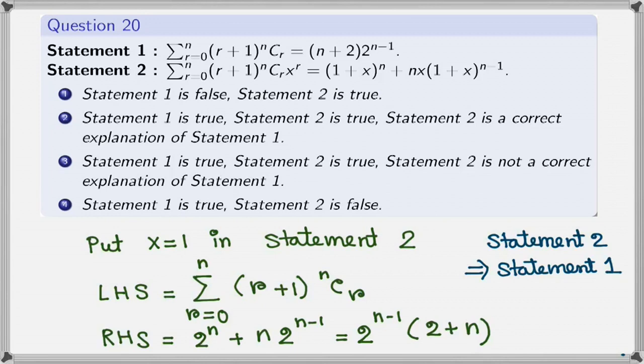So, we will start verifying whether statement 2 is correct or not. Let us begin with the binomial expansion of (1 plus x) to the power n. This is equal to the sum running from r equals 0 up to n of nCr x to the power r.